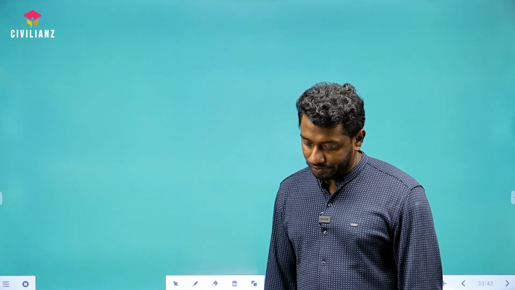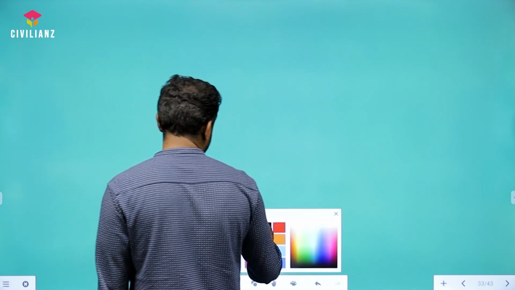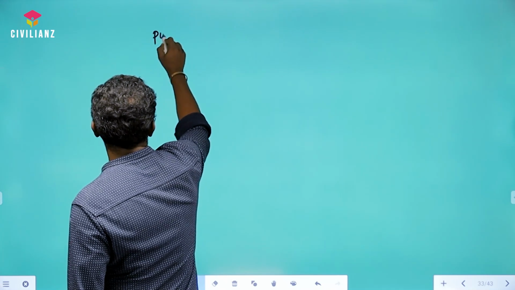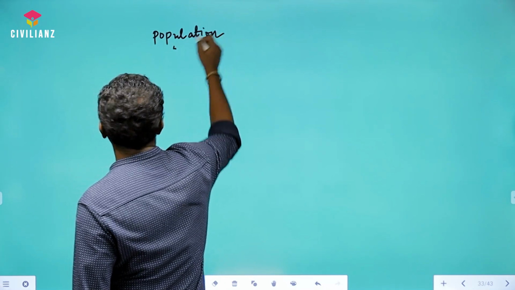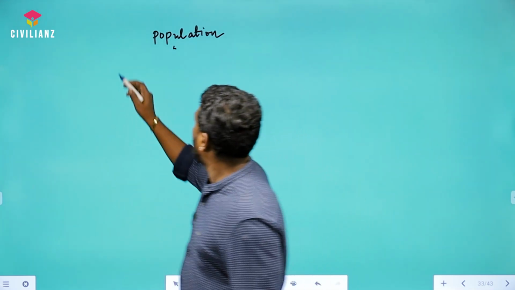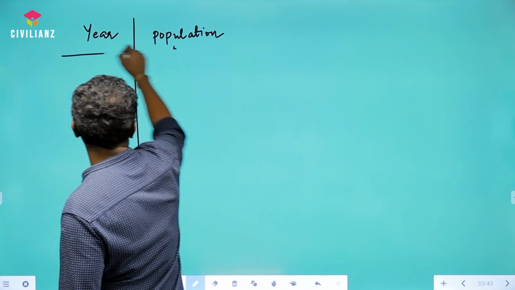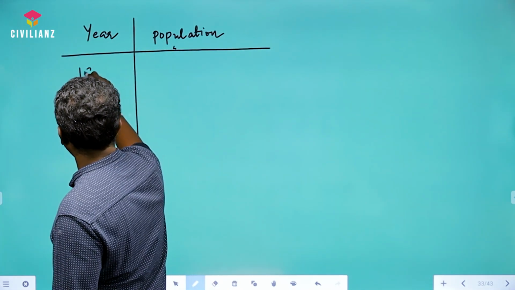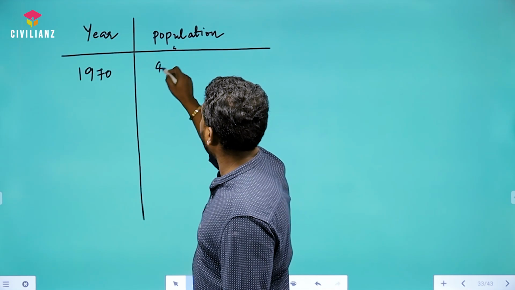So let's do a problem in relation with this arithmetical increase method. The population figures of a city are given as follows. During the year 1970, it's around 40,000.